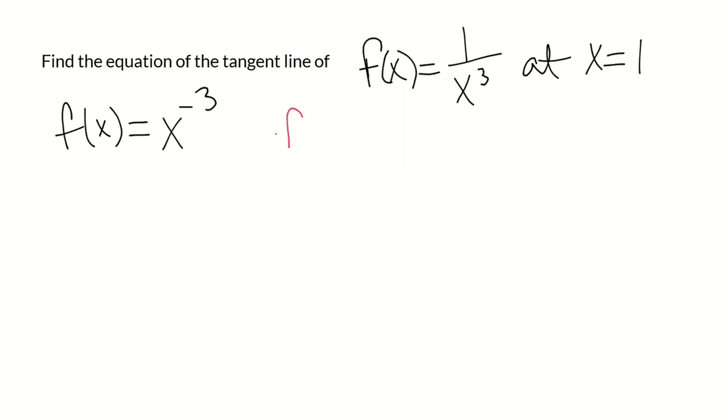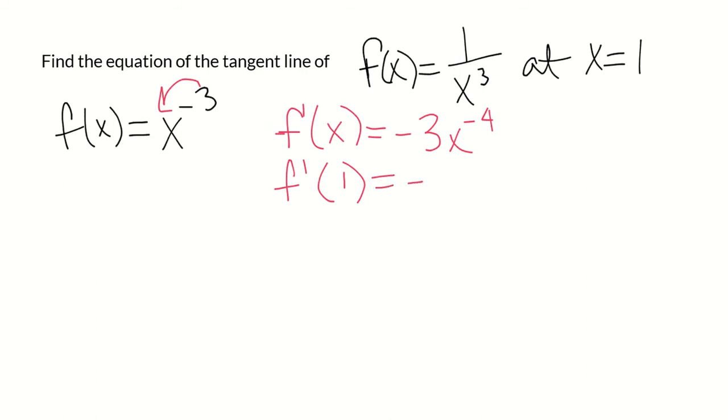So f prime of x will be, bring down the power, negative 3x to the negative 4. And let's find f prime of x at 1. So f prime of 1 is going to be negative 3 times 1 to the negative 4 power. 1 to the negative 4 power is 1, so this is just negative 3.